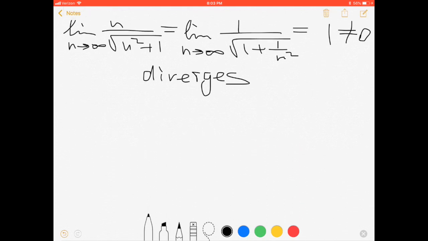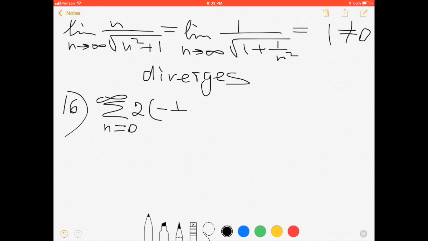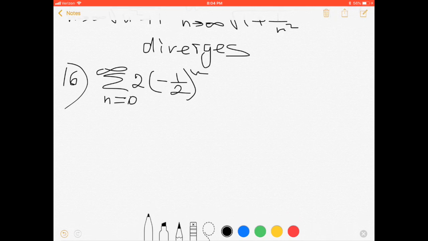Okay. One more example, number 16. Here we have the series starting from 1 or 0, I think it's 0, of 2 times (-1/2)^n.